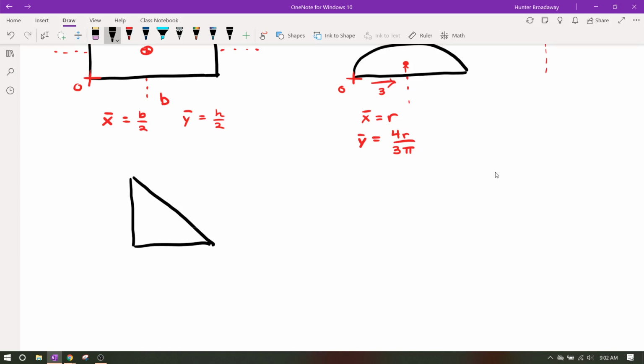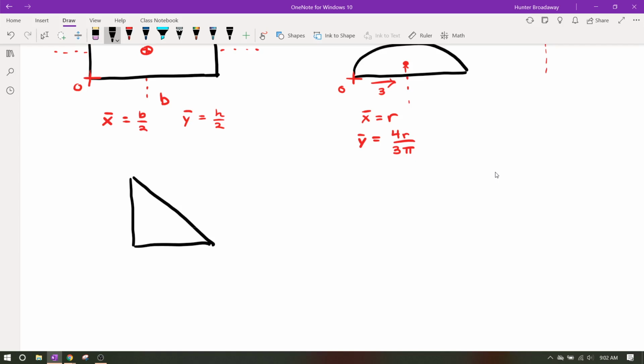All right, so if we've got a triangle, I'm trying to see if I can cut this in half in any location, and it looks like I really can't cheat in either case because if I try to cut it in half, it's not symmetric. It doesn't have a line of symmetry.